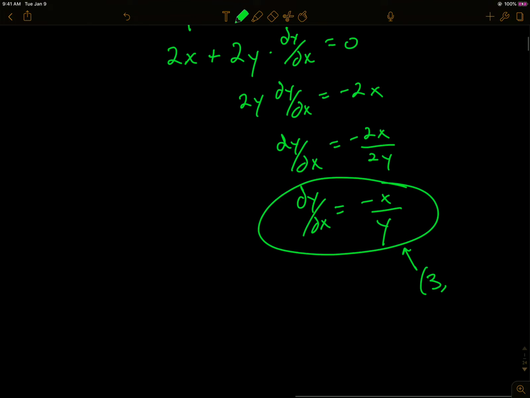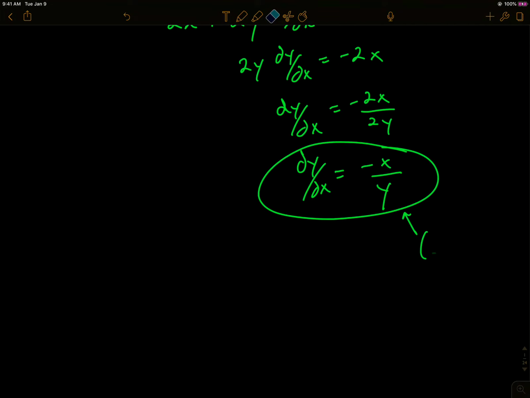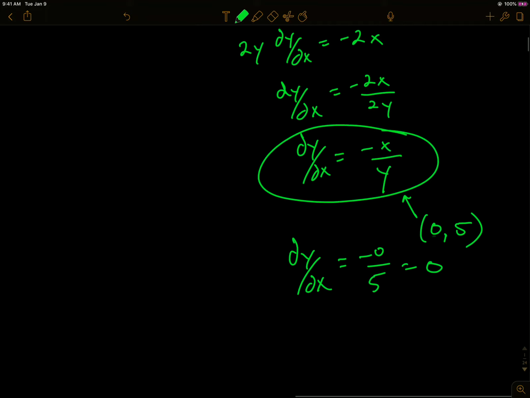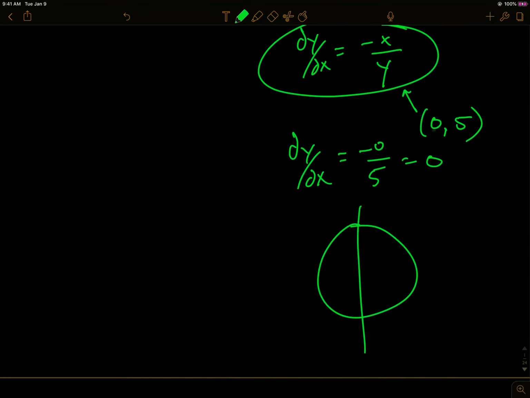So I know that 0, 5 is on the circle. So I could say, what's the slope of the tangent line at 0, 5? So if I plug in 0, 5, I get negative 0 over 5 is 0. I have a horizontal tangent line because this is a circle centered at 0, 0. So 0, 5 is up at the top of the circle. I get a slope of 0.